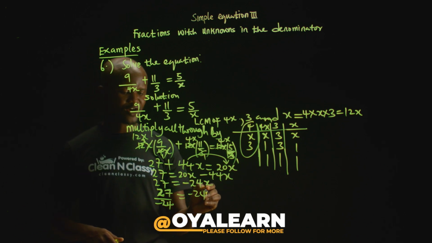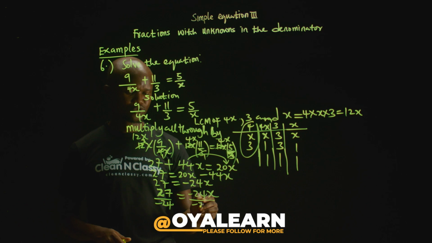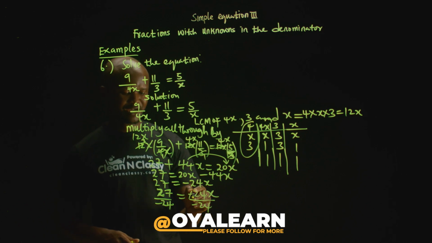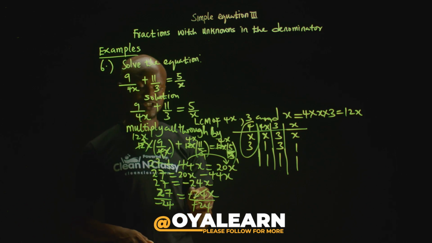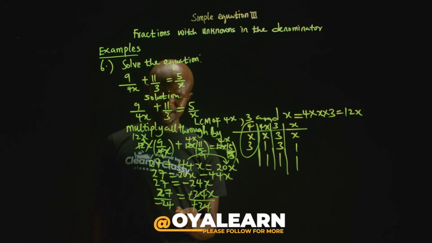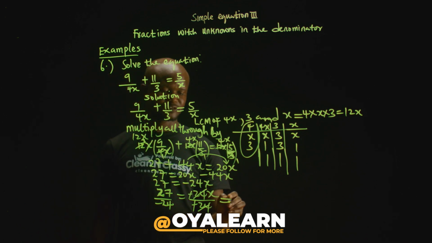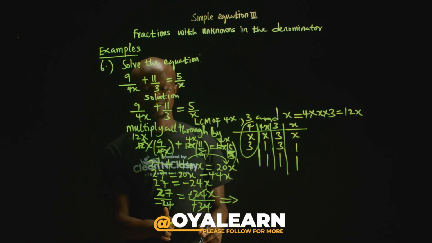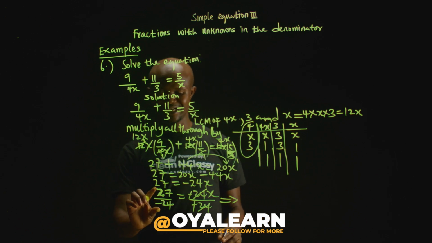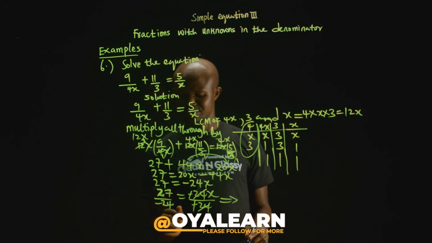So minus 24x divided by minus 24. We cancel the minus here. 24 divided by 24 is 1. So it means that we are going to reduce the value on the left hand side.